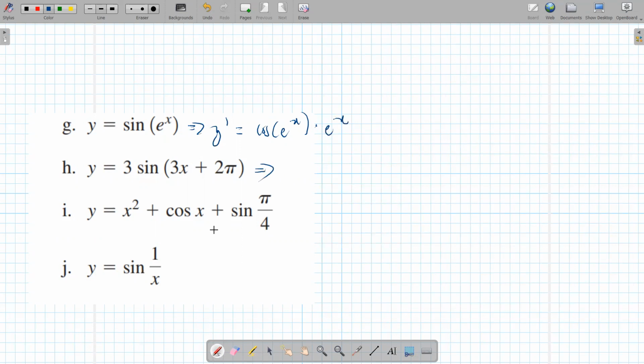What about h? We have a sine function. What will be the derivative? 3 cosine, yeah. Does the bracket change? No, it does not change. What do we multiply this by?